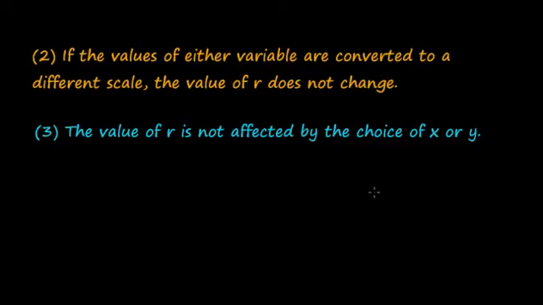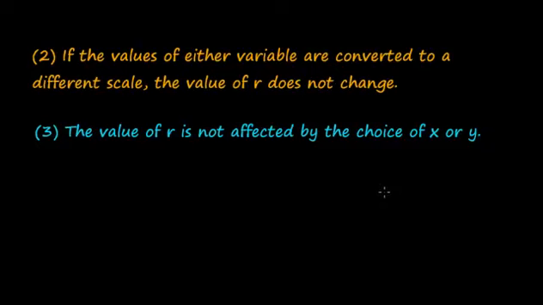The third property of the linear correlation coefficient is that the value of r is not affected by the choice of x or y. So in this example about the plants, we could say, is there a linear correlation between the amount of sunlight exposure, x, and the height, y, of the plant?